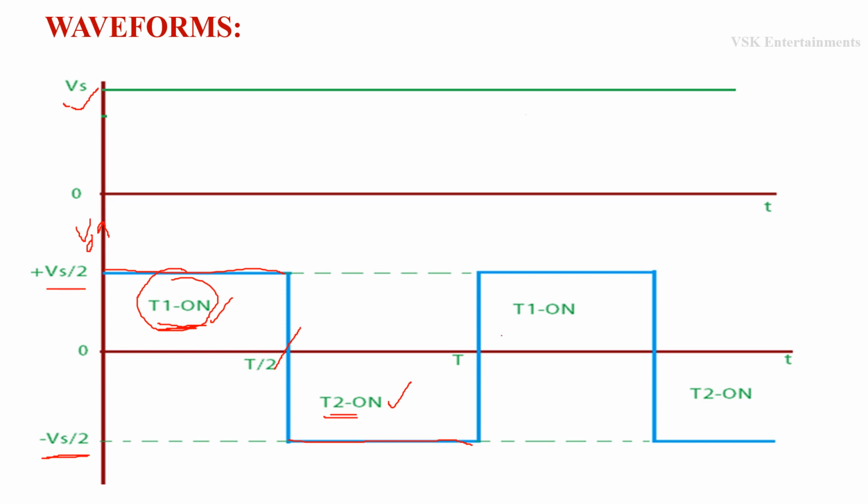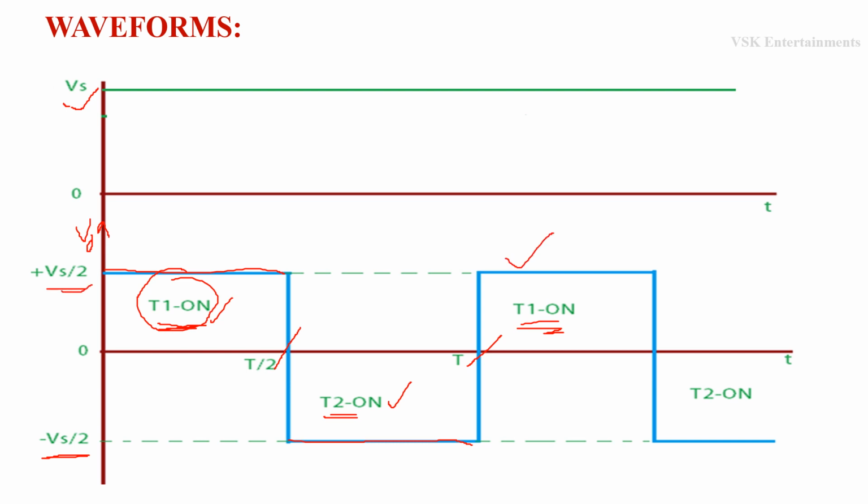Again at time t equal to T, we turn off thyristor T2 by using forced commutation and apply the gating pulse to thyristor T1. So thyristor T1 starts conducting, and again we get plus Vs by 2 as output.